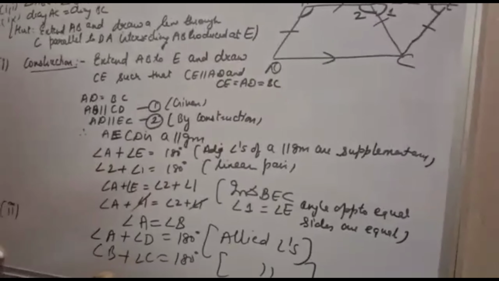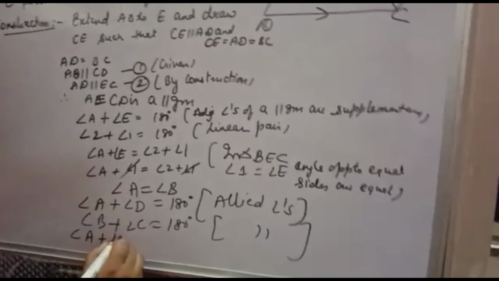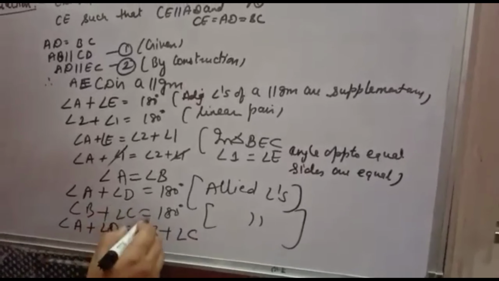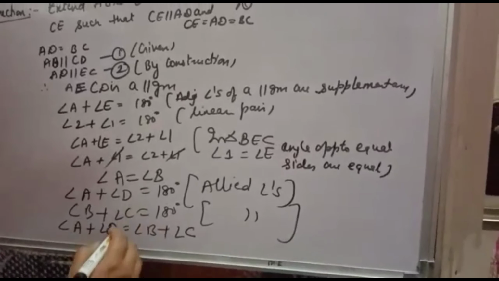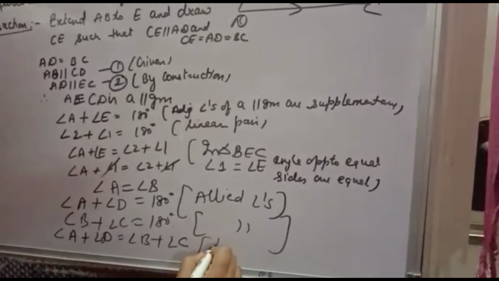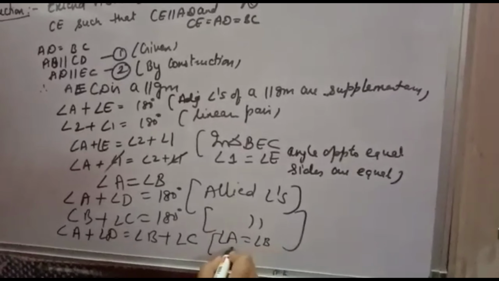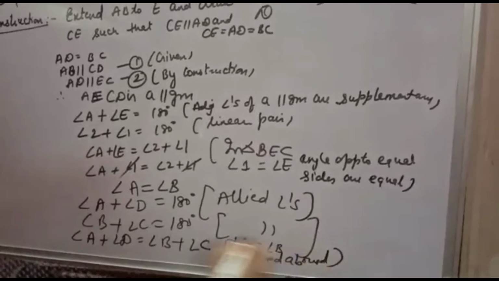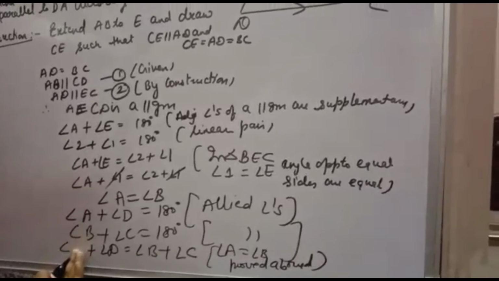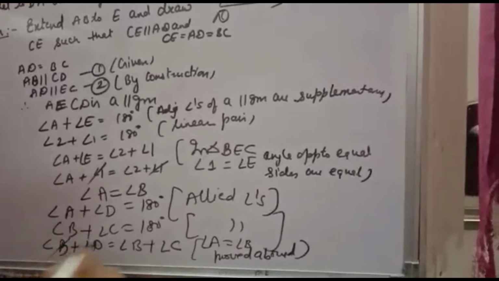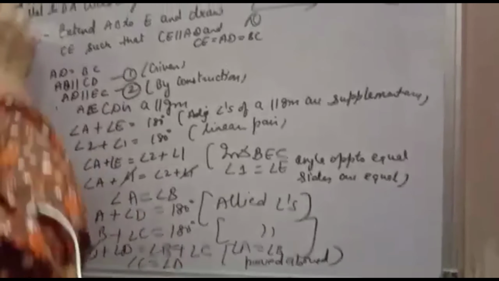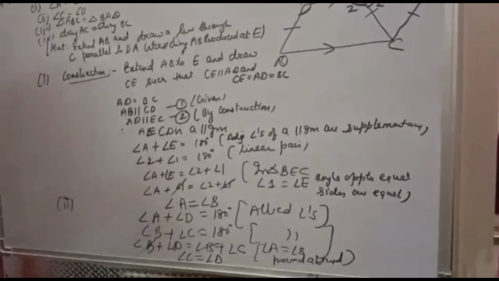Now both are equal to 180, so angle A plus angle D is equal to angle B plus angle C, because both are equal to 180. In the first part you have proved that angle A is equal to angle B, so in place of angle A you can write angle B. Now angle B cancels, so angle C is equal to angle D. This only you have to prove in the second part. So note down up to the second part, then I will tell you the third part.